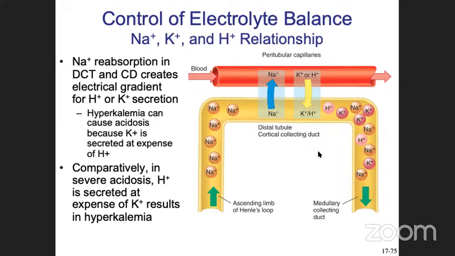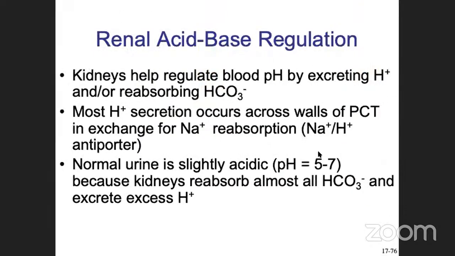So you can find that your blood is full of hydrogens and that can cause the acidosis. In severe acidosis, where hydrogen ion is secreted at the expense of the potassium, they can result in the hyperkalemia, right? In the case of acidosis, lots of potassium is also being secreted in the tubules.